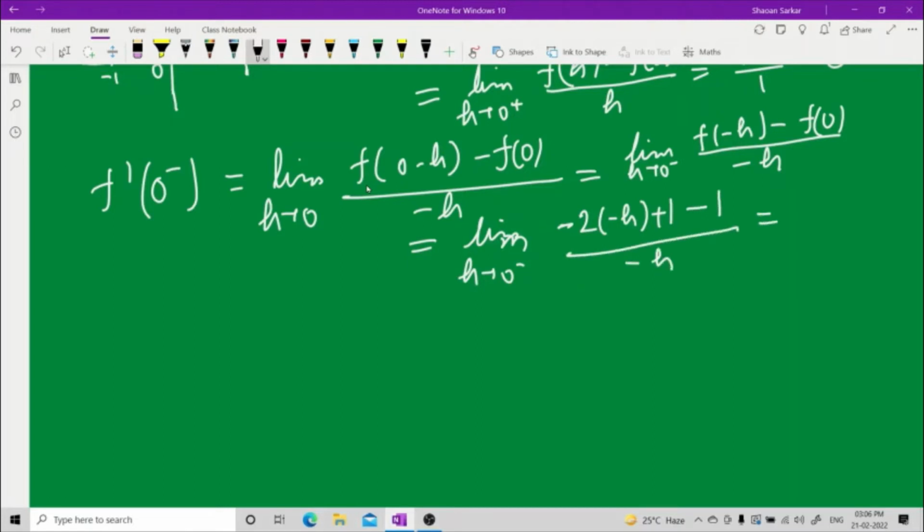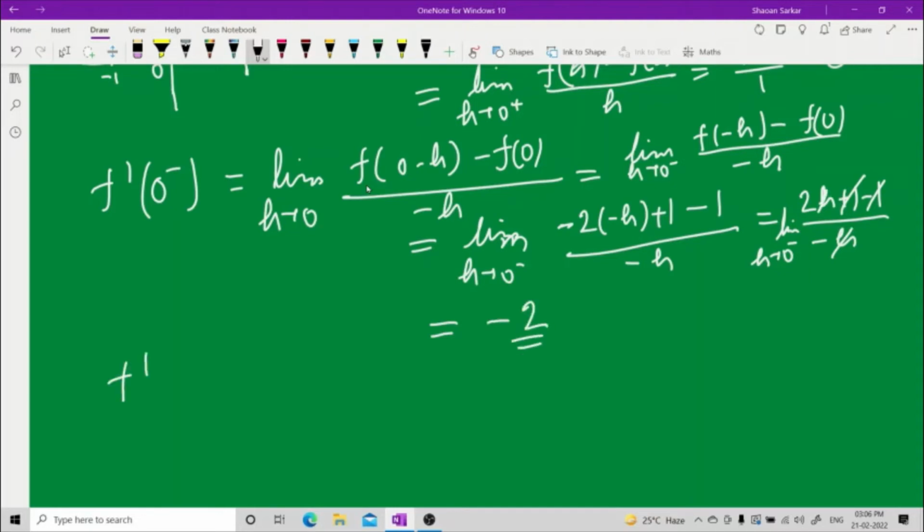So this becomes (2h + 1 - 1)/(-h), and the 1 and 1 cancel out, the h and h cancel out, and this comes out to be -2.